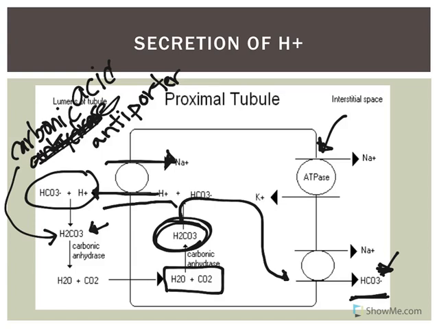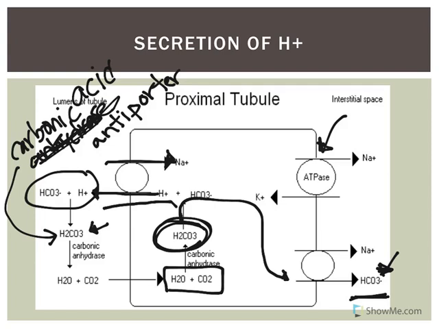We do have secretion of certain drugs that take place in the proximal tubule. You have a lot of reabsorption of sodium, a lot of reabsorption of water, and this is the only place where you reabsorb things like glucose and fructose and amino acids. So a lot of things take place in that proximal tubule.